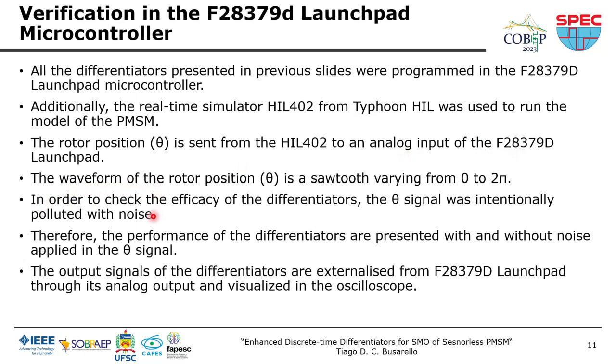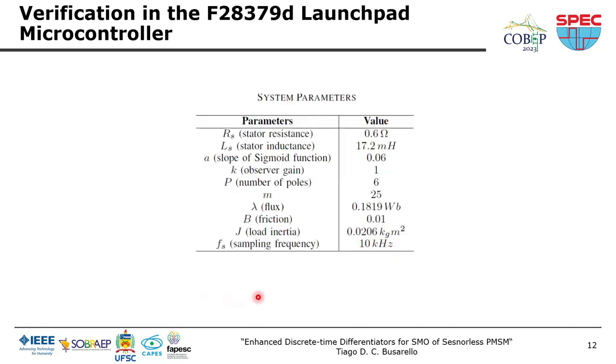The waveform of the rotor position is a sawtooth, varying from 0 to 2 pi. In order to check the efficacy of the differentiators, the theta signal was intentionally polluted with noise, and therefore the performance of the differentiators is presented with and without noise applied to the theta signal. The output signals of the differentiators are externalized from the Launchpad through its analog output and visualized in the oscilloscope.